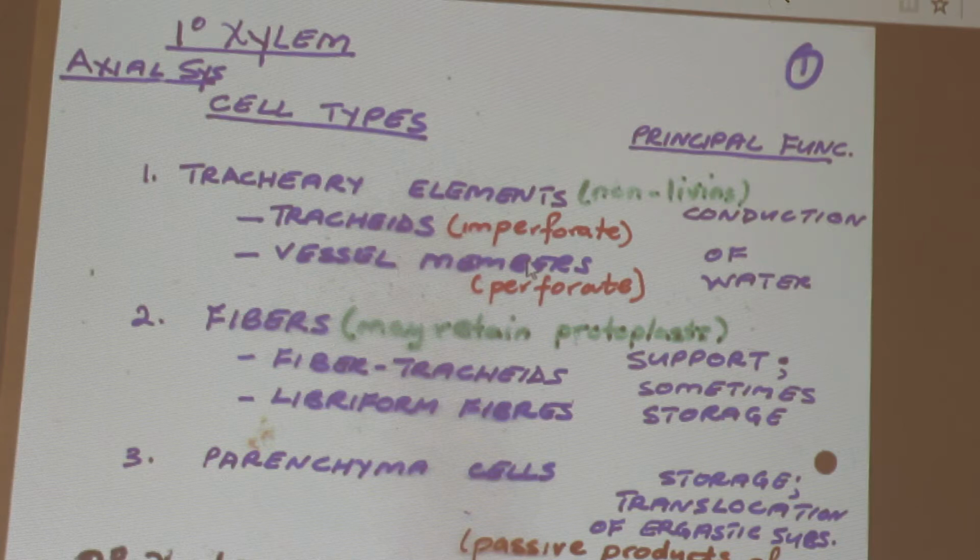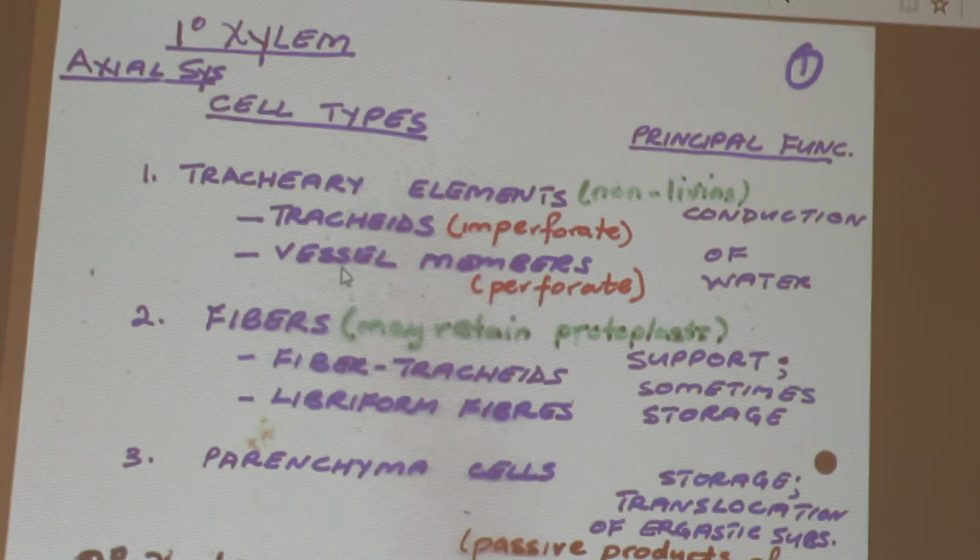The vessel members are cells. When you say members, you're talking about cells. The vessel members are cells that are perforate. That means they have holes at the top and at the bottom, big holes. They also have pits, but that doesn't make them perforate. It is the big holes that they have at the terminal ends that makes them perforate.